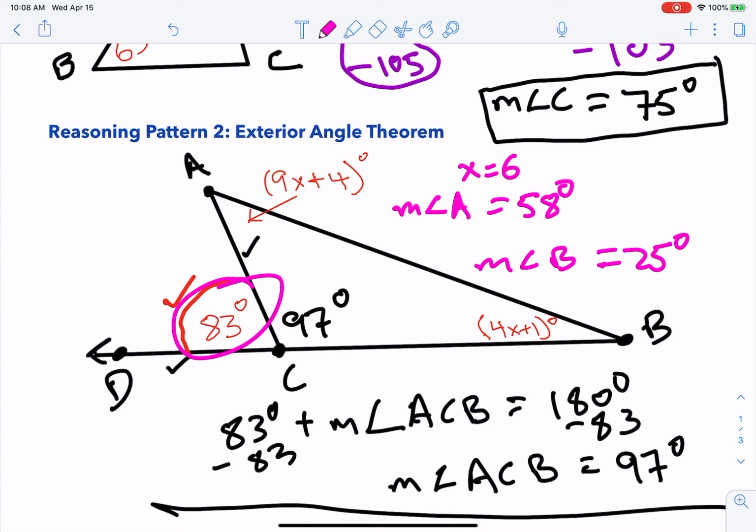And this is what the exterior angle theorem actually says, which is that the two remote interior angles of the triangle, in this case A and B, their measures are going to add up to, again, this angle here, ACD. That's it. We're going to practice this using a variety of means over the next couple of days, and have fun.